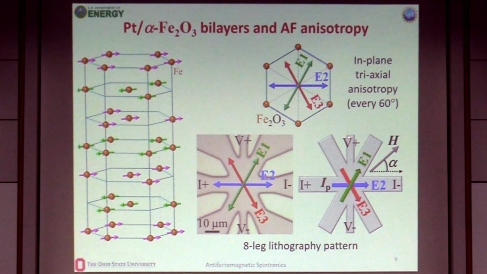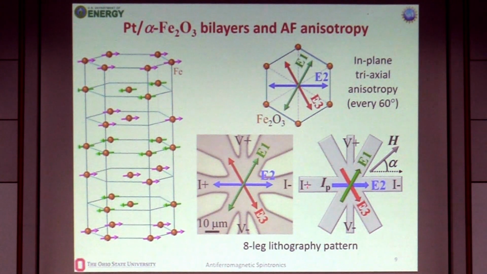And then in addition, we patterned the 2 smaller, narrower lines as a voltage detection line. All those 3 main lines are 10 micron wide, and this is 5 micron. So the idea is, along these 3 thicker lines, we're going to send current, the pulse current, to try to switch the antiferromagnetic spins.